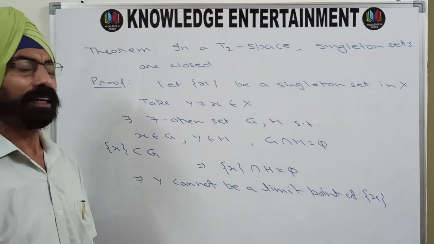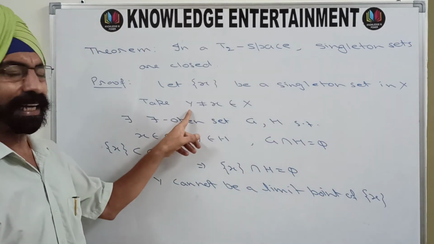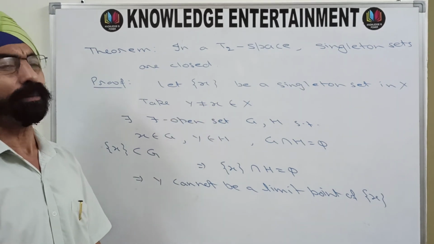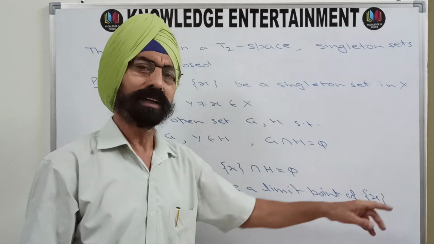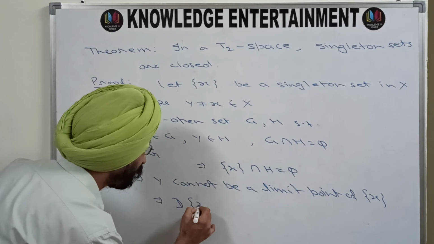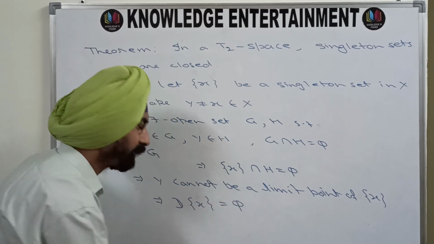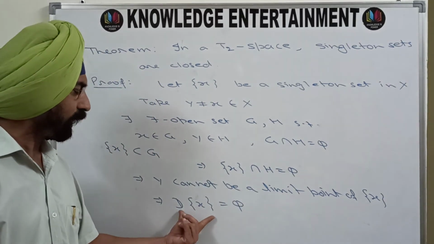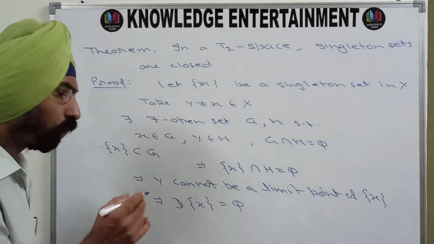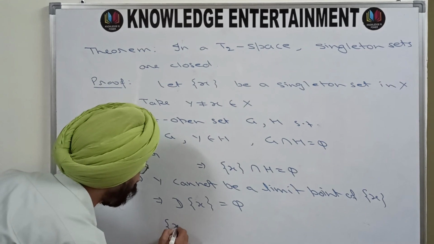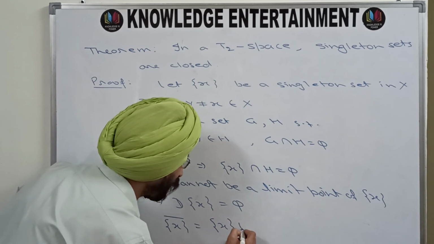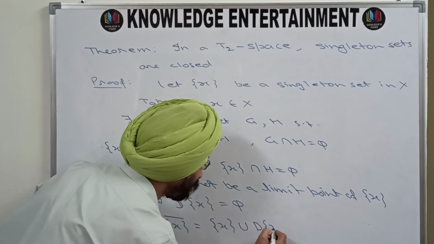But what was y? y was an arbitrary element which was not equal to x. That means other than x, no element is a limit point of {x}. And that proves that the derived set of the singleton set {x} is phi, because no element other than x will be a limit point of the set. Note that the closure of a set is the set along with its derived set.